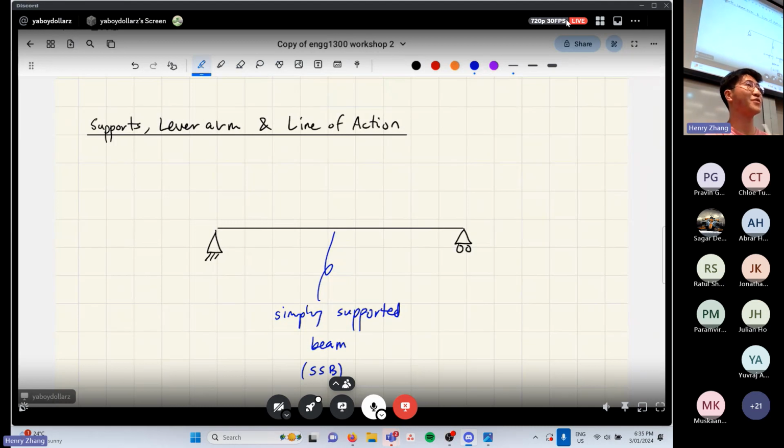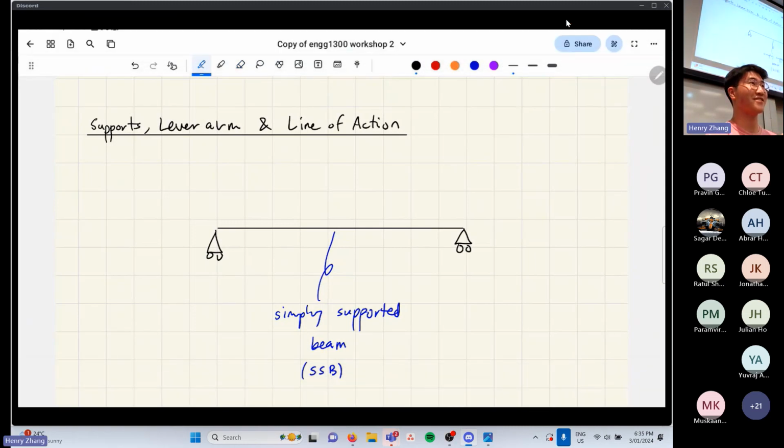It's basically as simple of reactions as you can get on a beam without it becoming unstable, right? So if these were two wheels, this doesn't resist horizontal translation.